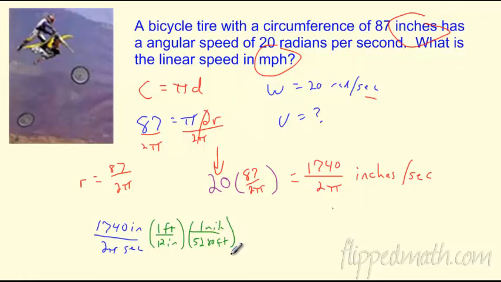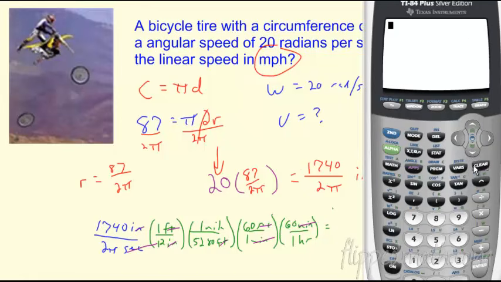That's good, I'm in miles, but I also need to go to hours, so let's change the seconds. Seconds was on the bottom, so 60 seconds is 1 minute, and then 60 minutes is 1 hour. Hopefully if I did everything right, it all cancels out: inches cancel inches, feet cancel feet, second cancels second, minute cancels minute. I am in miles per hour.